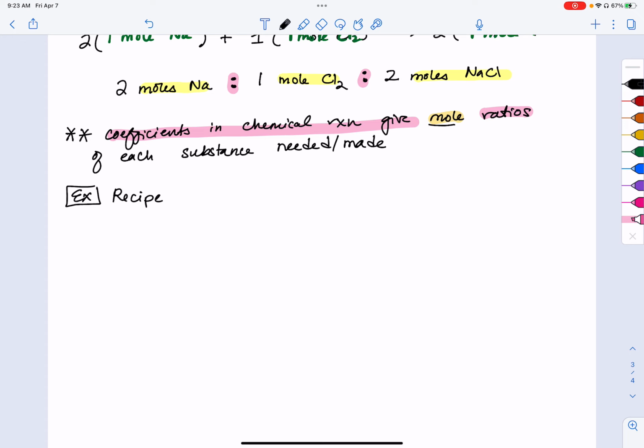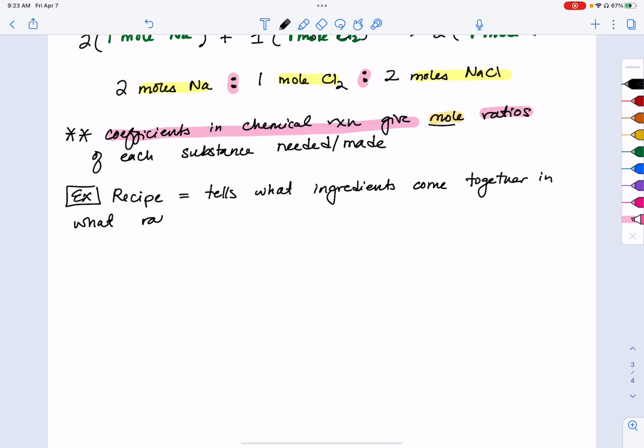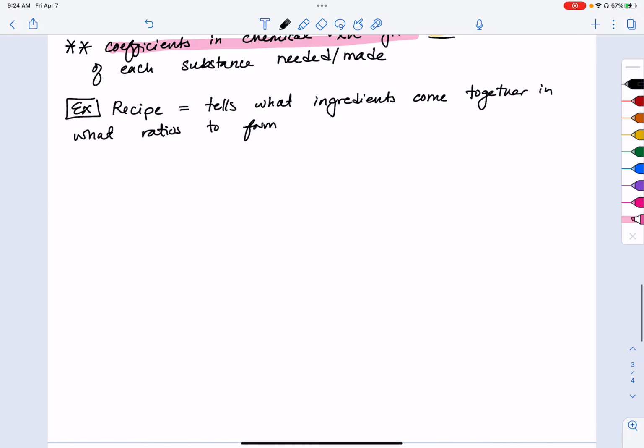So when you're reading a recipe in cooking, a recipe tells you what ingredients come together and in what ratios to form your overall dish that you're trying to cook.